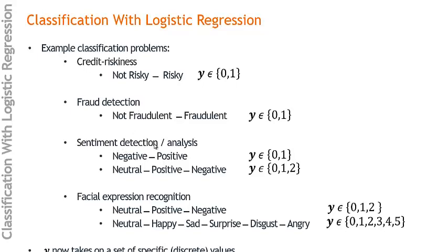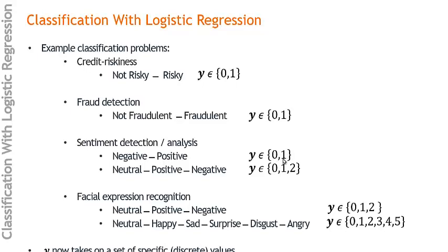Sentiment detection. You have an automatic program to scan movie reviews and the program will scan movie reviews and decide whether or not the review is generally negative or generally positive. That would be a binary classification, 0 or 1.